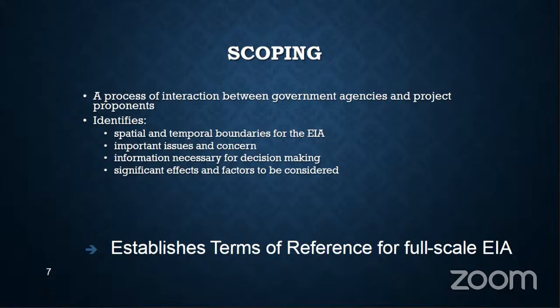So all the impacts related to the project being assessed are to be considered. We need to define a scope on the various types of impacts, and it will establish the terms of reference.